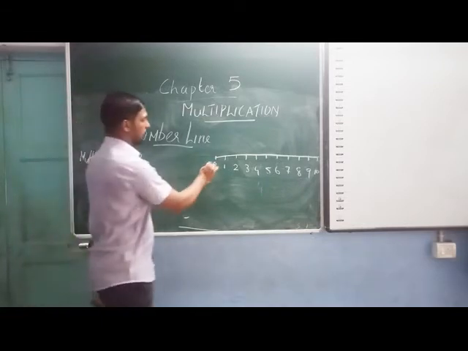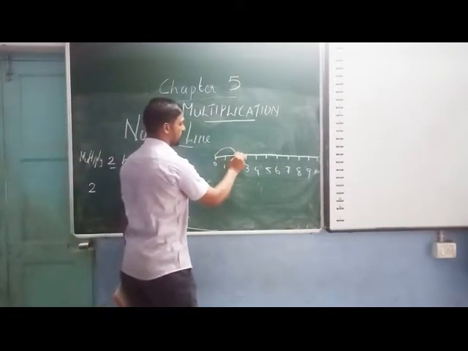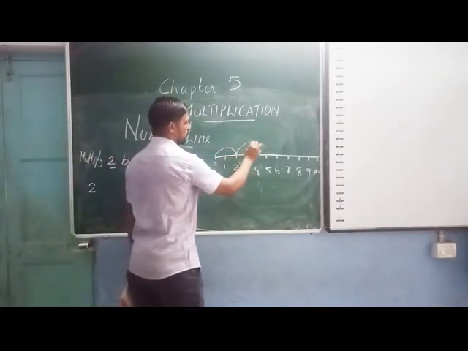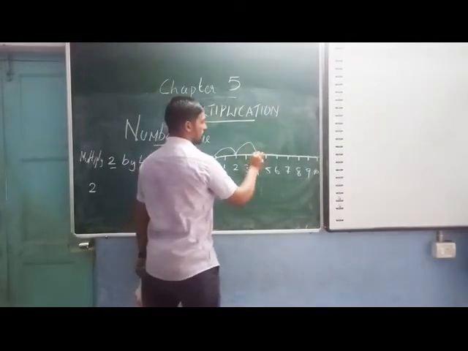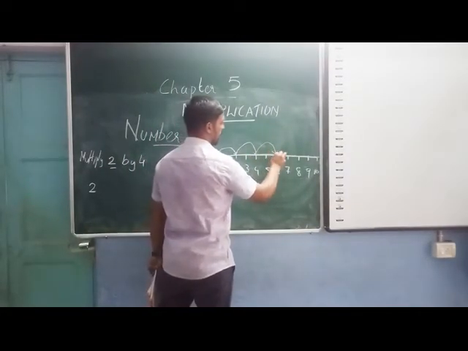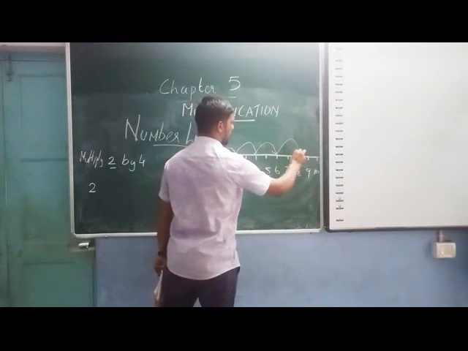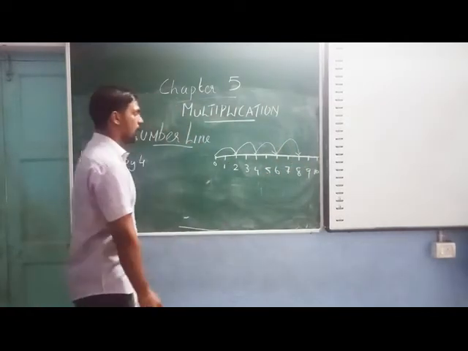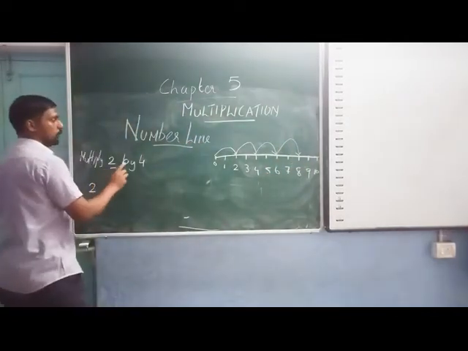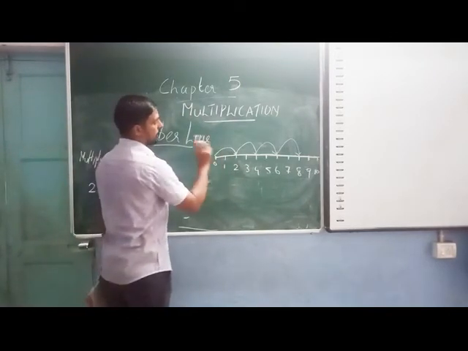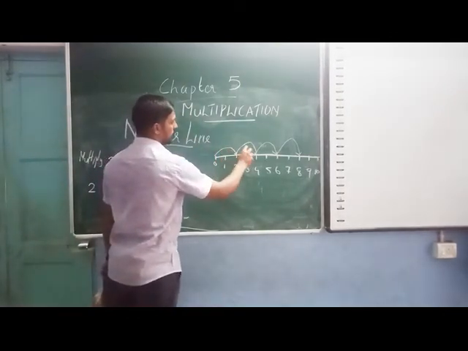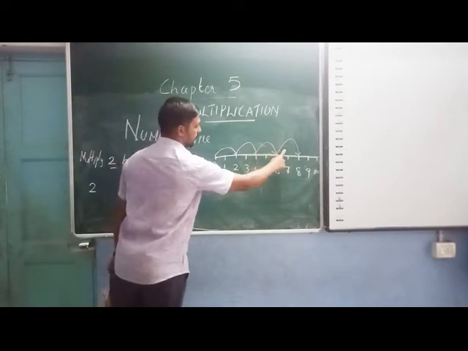Let us say, 1 step we jumped, 2, 3, 4. You see? How many steps did we jump? 2 steps. And how many times? 1, 2, 3, 4.